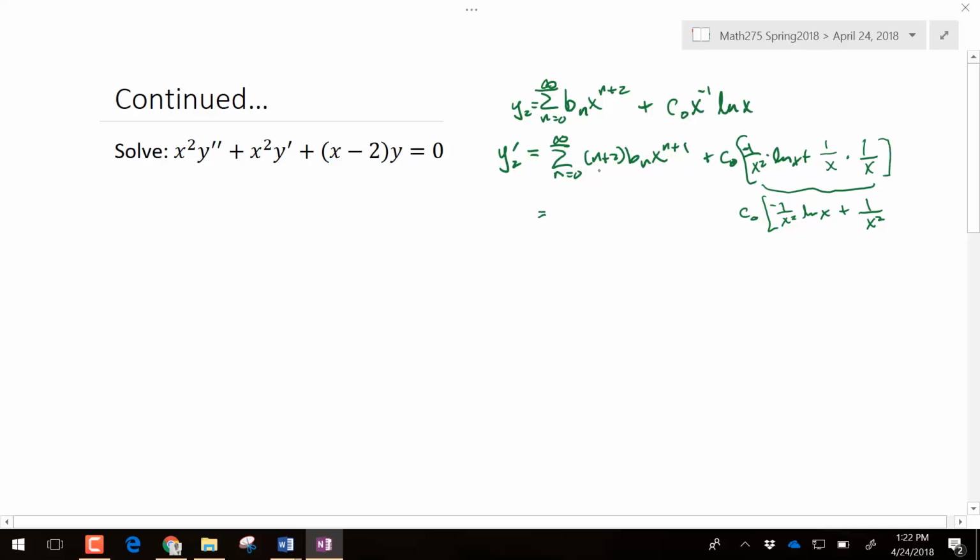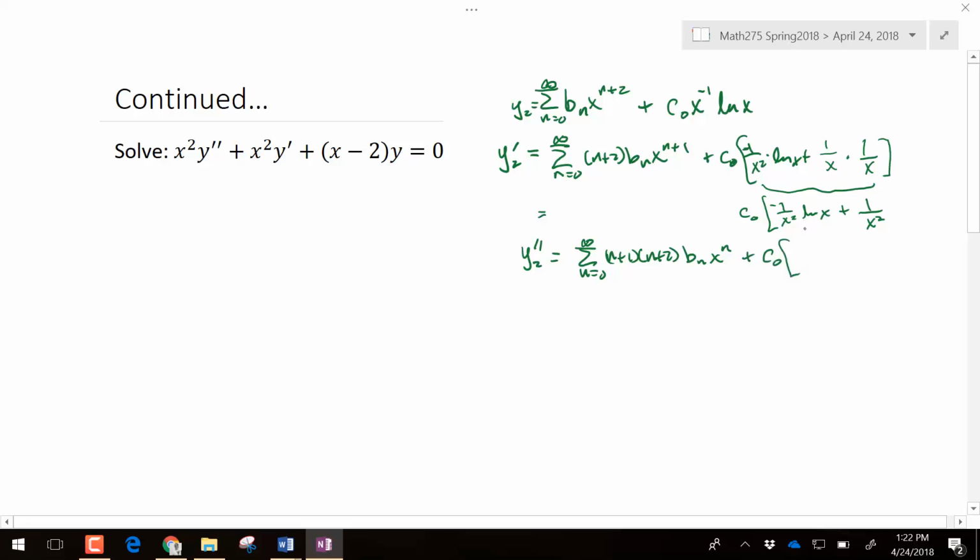And n is equal to 0, it'd still be okay here, right? So let's do the second derivative of that. The sum from n equals 0 to infinity of n plus 1, n plus 2, b sub n, x to the n, plus c sub 0.